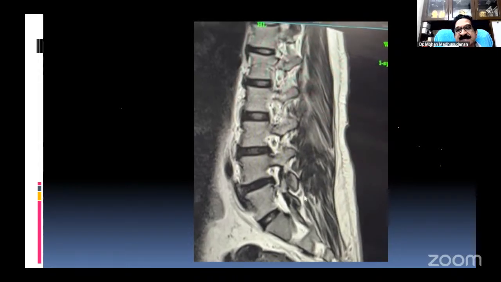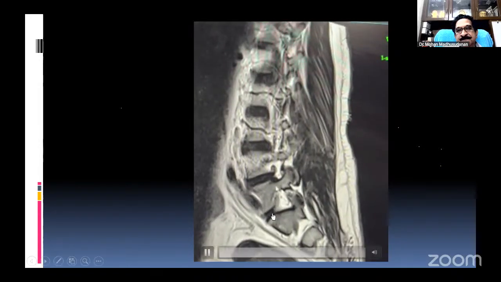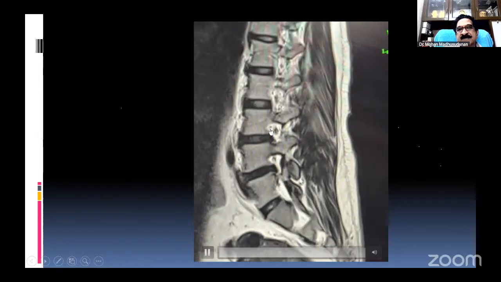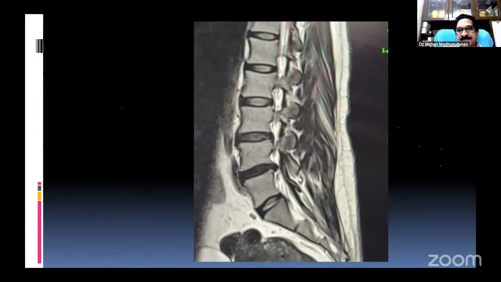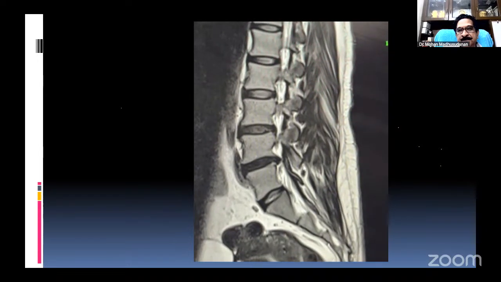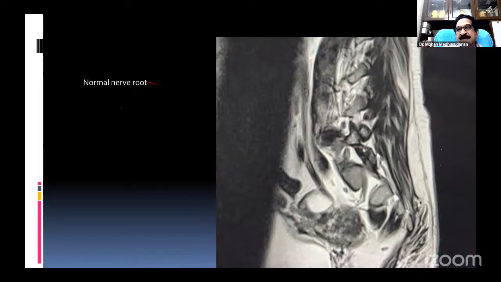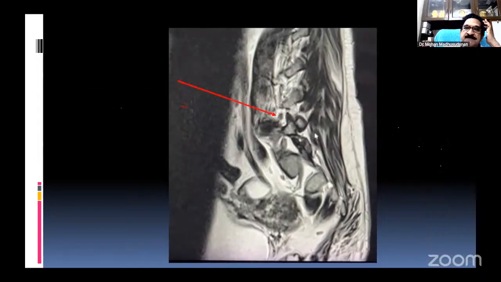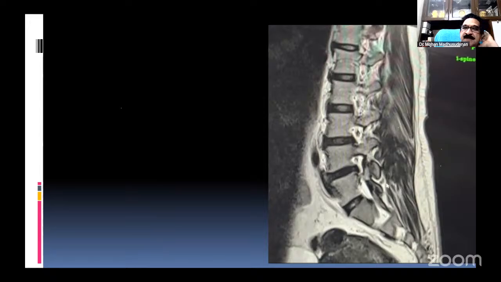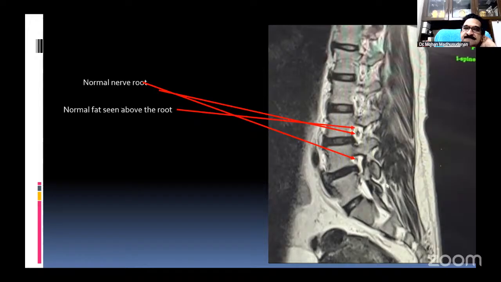The roots are all well seen, surrounded by fat. This is a normal patient. Again, I'll show the normal root here and the surrounding normal fat seen above. So what the radiologist will tell you is to look for the fat above the root. If it is not seen, it is evidence of compression. Those are the normal roots. That's a fact.